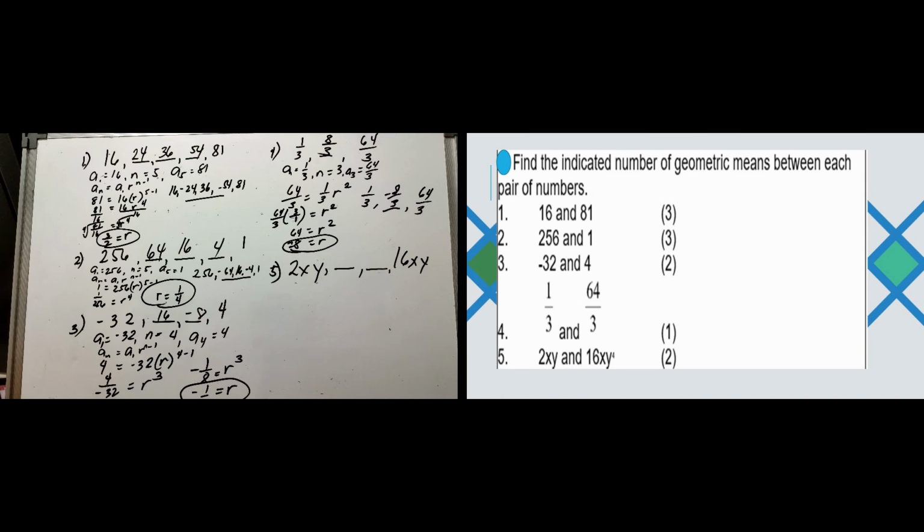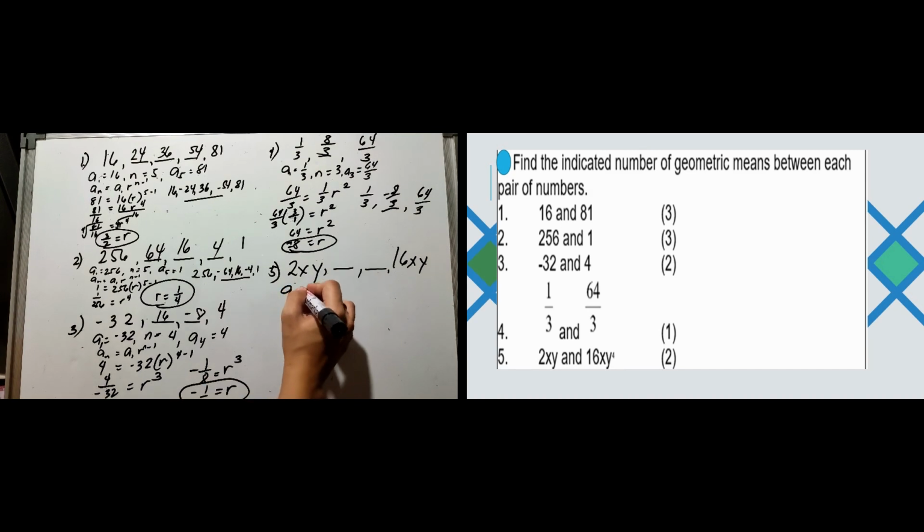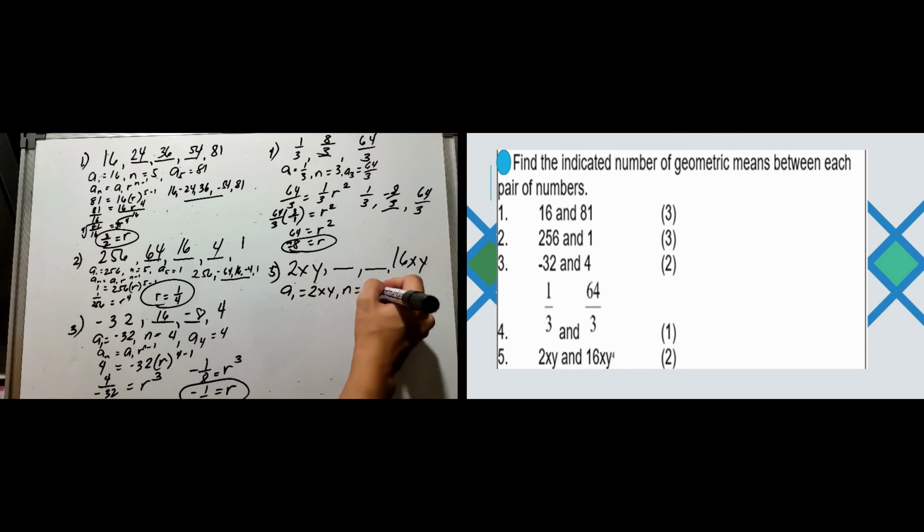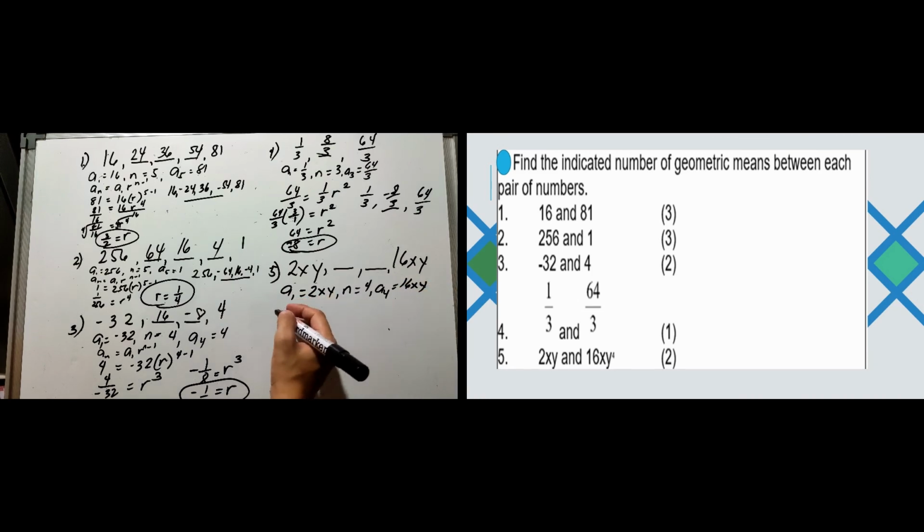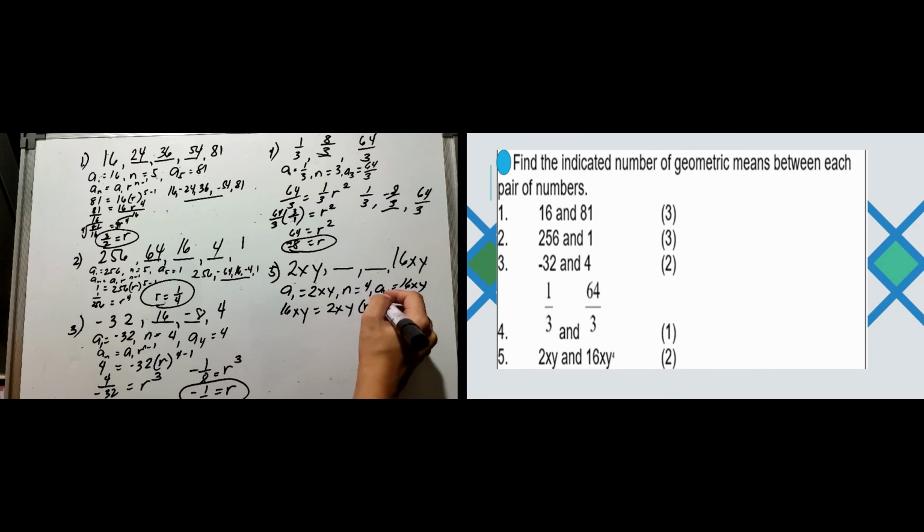Okay? Now, let's have number 5. For number 5, your first term is 2xy. Number of terms is 4. The last term is 16xy. Okay, so we're going to substitute these things. 16xy is equal to 2xy times the common ratio, number of terms is 4 minus 1. Divide both sides by 2xy.